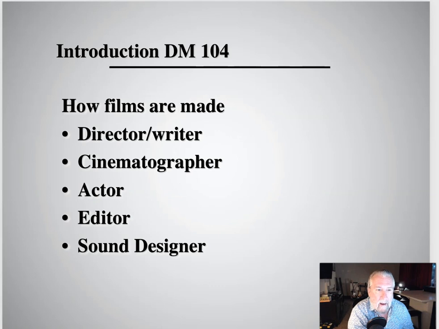That said, let's take a look at the things that we're going to look at in here. I've broken down the key ingredients to making a film into these categories: the director, writer, cinematographer, actors, editors, and sound designers. There's a whole bunch of ways that you can tackle film history. I choose to take the production approach, how it's being built. Once you know what these categories are, we're going to see it from the beginning up into the present.